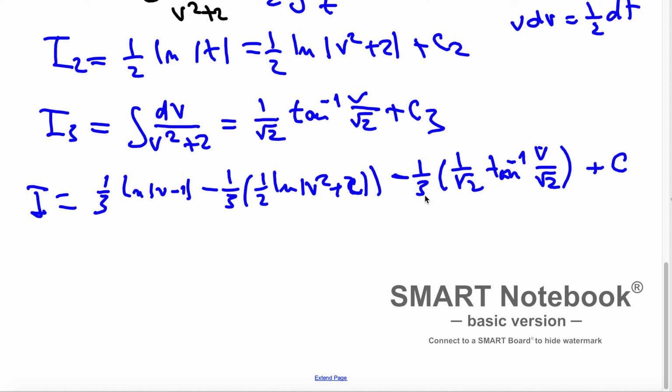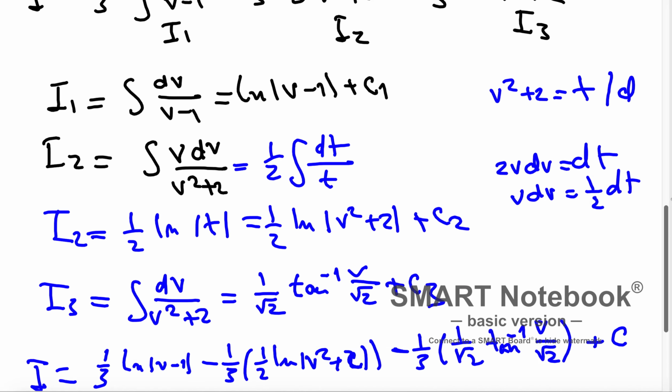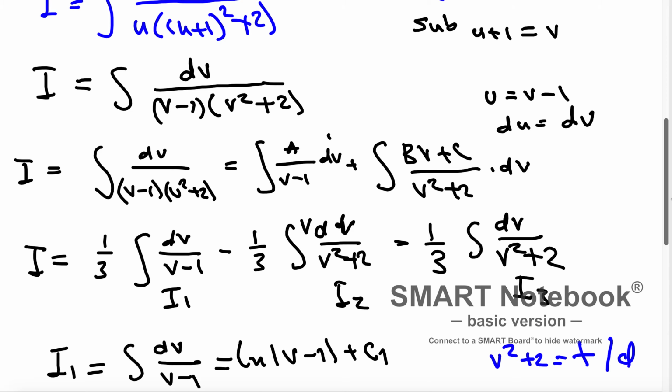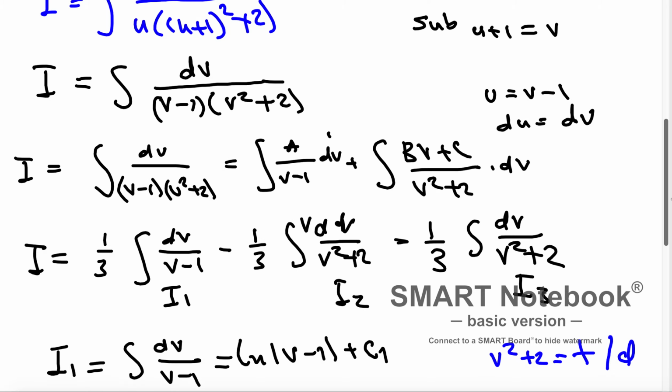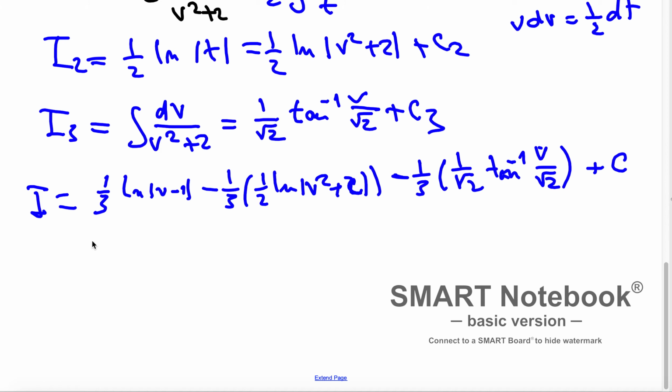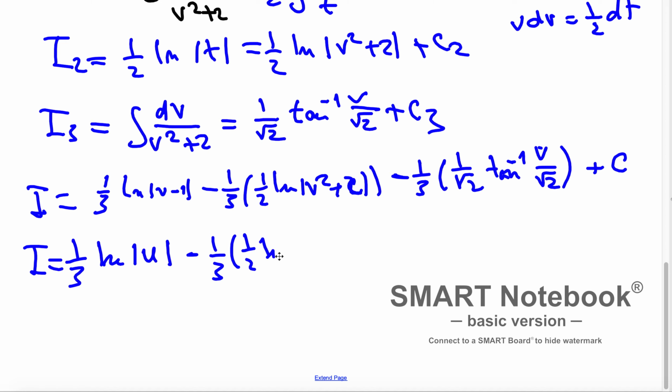But don't forget, when u was v minus 1, v was u plus 1, and if we are doing those in u, we can convert the substitution. I is going to be equal to 1 over 3 ln, where instead of v minus 1 we plug in u, and here is minus 1 over 3 times 1 over 2 ln.